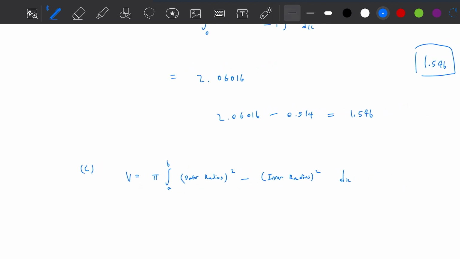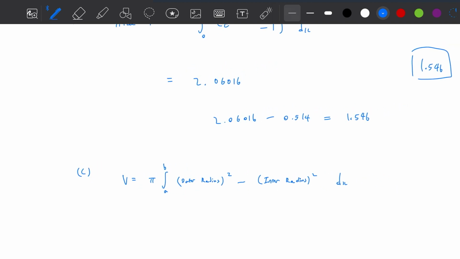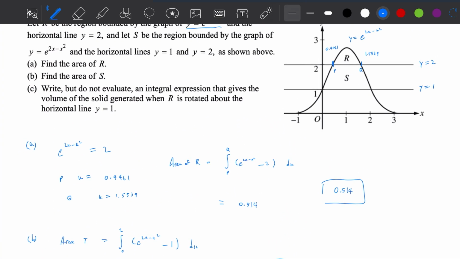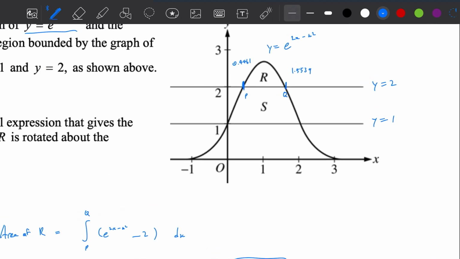So to apply the formula, we need to identify the components. From the question, we see that the axis of rotation is y equals 1, which would be this line right here, y equals 1.